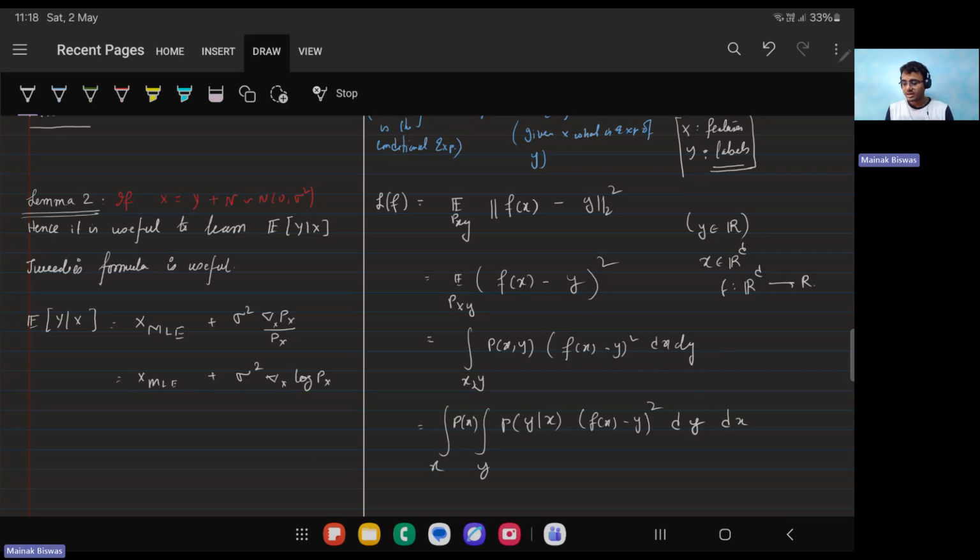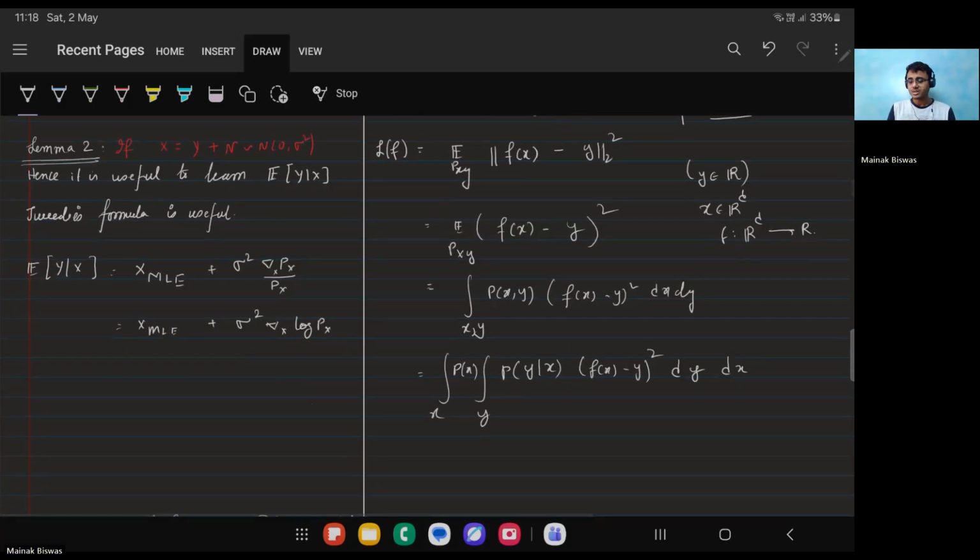I wrote dy, sorry. Yeah, so you can write this as an iterated expectation, the expected value over x of the conditional expectation of f of x minus y squared given x. And you take an iterated expectation. So we know this is an iterated expectation.